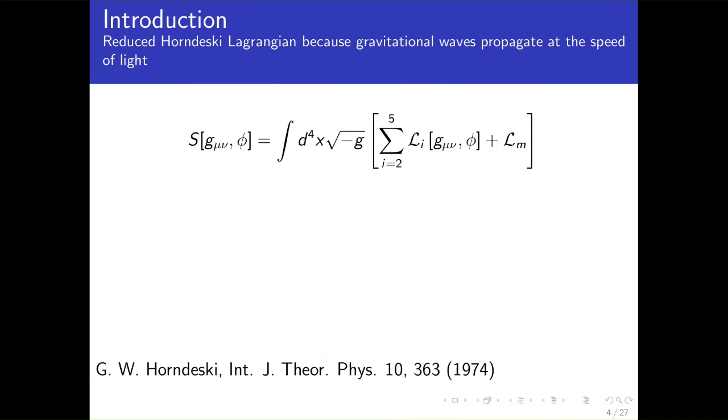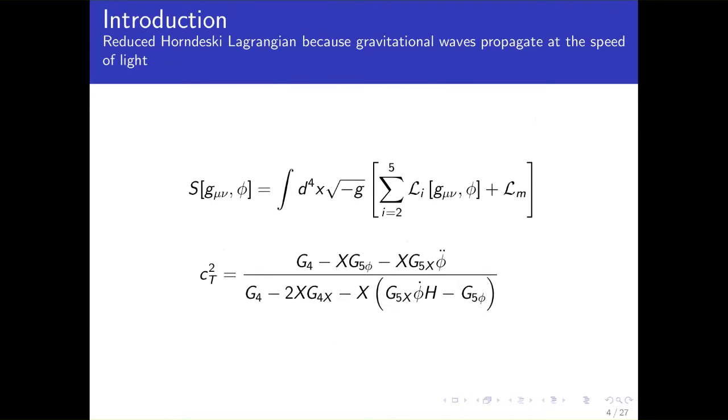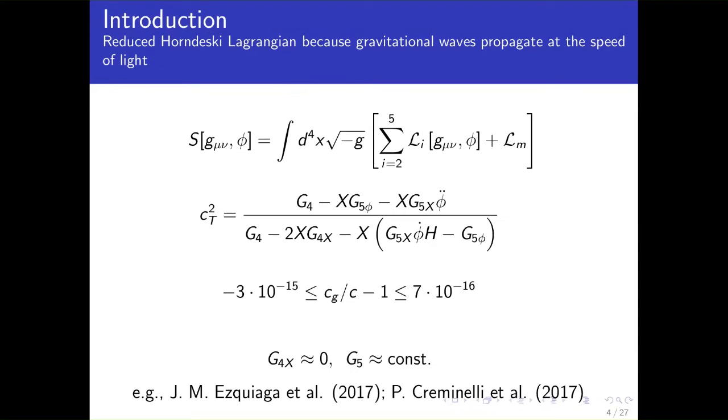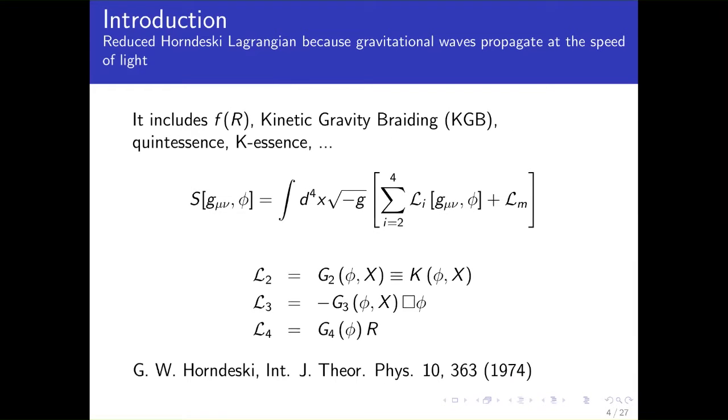I don't put the specific functions now, but you're already familiar with that. We know that with the recent discovery of gravitational waves, these kinds of theories got simplified, because we know that the speed of propagation is very close to the speed of light.